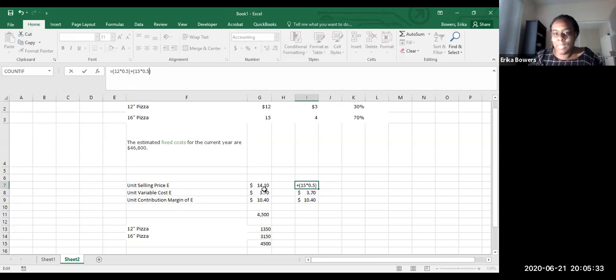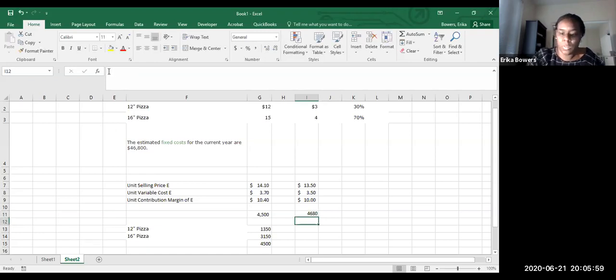It didn't say that the rates change, it just says the sales mix changed. And now our new contribution margin is $10 versus the $10.40. So now we take our 46,800 divided by 10. I forgot my equal sign. And now we must sell 4,680 to break even. And then let's just do 4,680 times 50%. So it'd be 2,340 of each product.